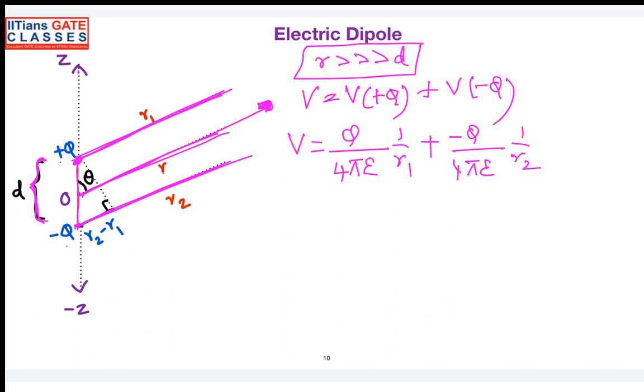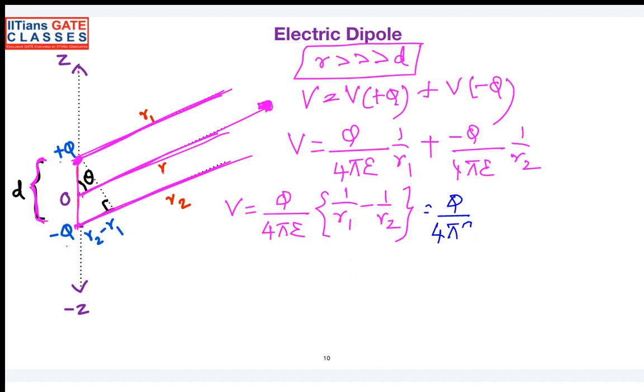So finally, if you simplify, the potential is nothing but Q by 4 pi epsilon into (1 by R1 minus 1 by R2). So that is Q by 4 pi epsilon, you can calculate (R2 minus R1) divided by R1 R2.